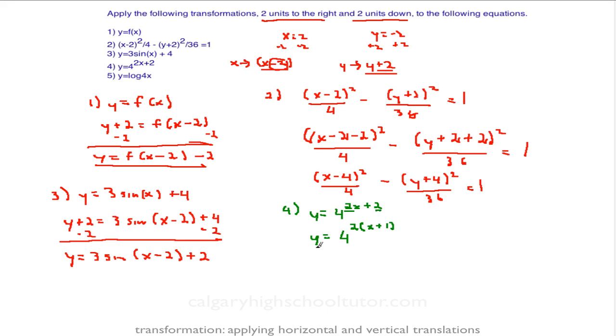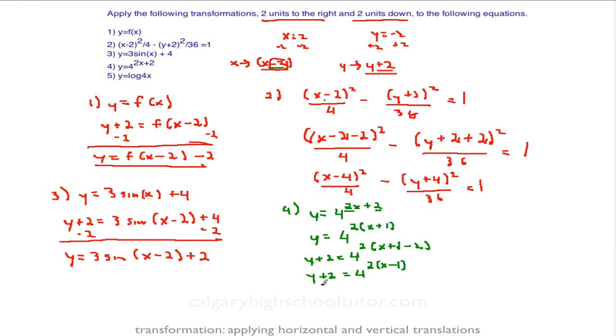Then we substitute the values of y and x as before. So y plus 2 is equal to 4 to the power of 2, x plus 1, and we subtract 2 inside the bracket, which gives us y plus 2 is equal to 4 to the power of 2 times x minus 1.